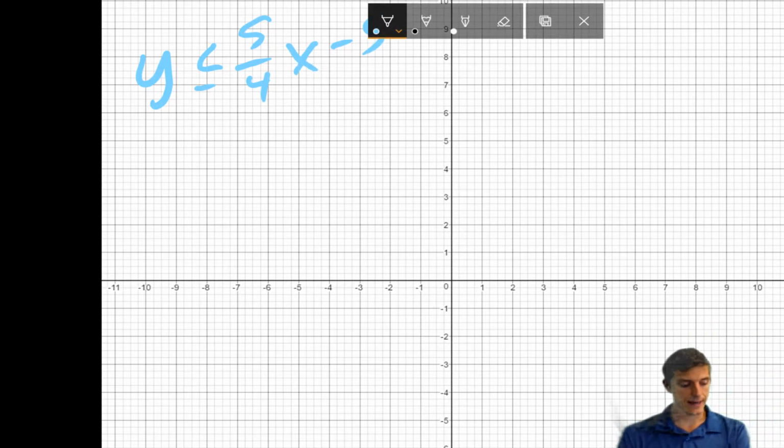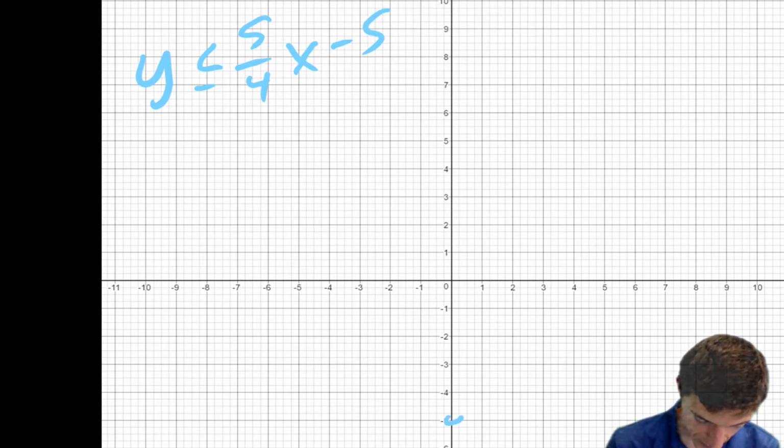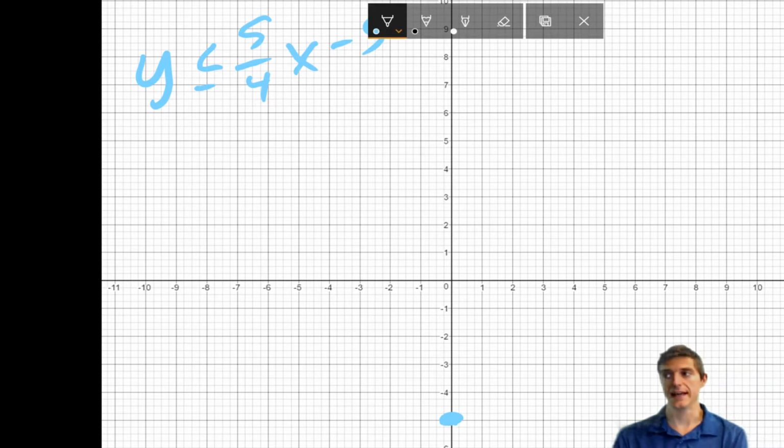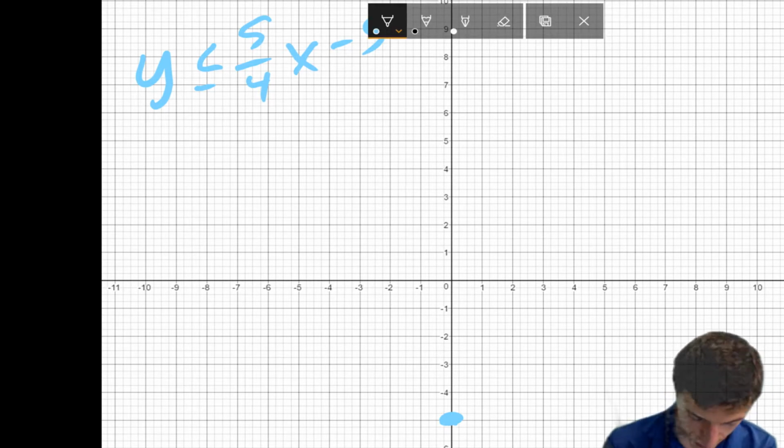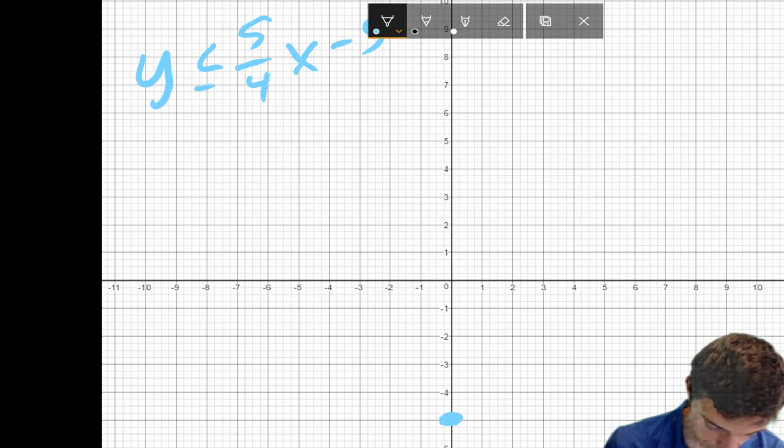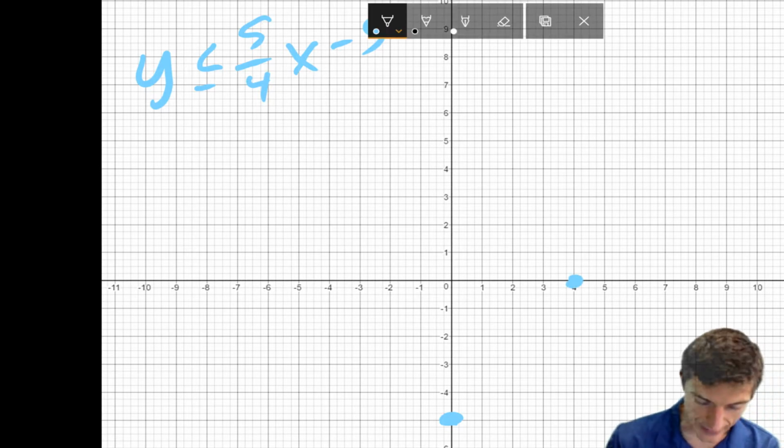So to solve this thing, first I'm just going to completely ignore the fact that there's a less than or equal to sign. I'm just going to graph it normal. I have a y-intercept at -5, and I have a slope of 5/4. 1, 2, 3, 4, 5, and over 1, 2, 3, 4. So I've got my line.